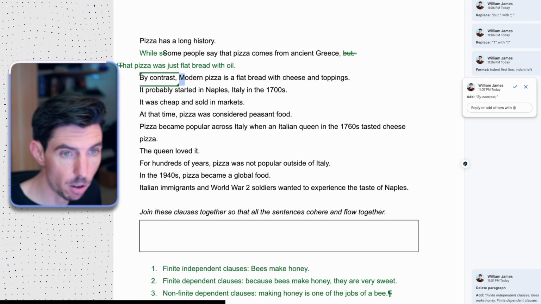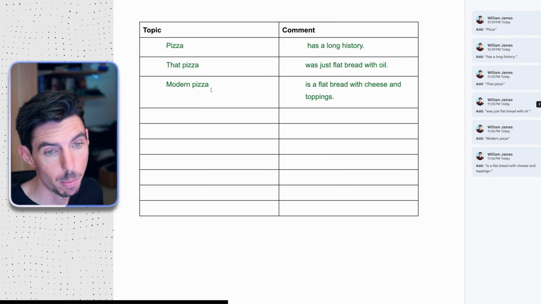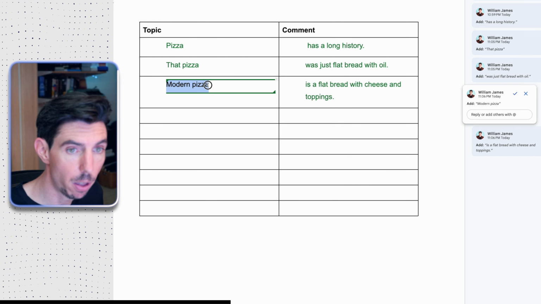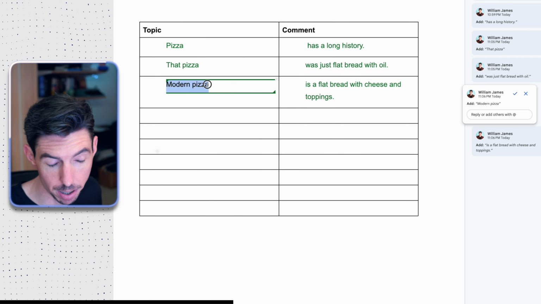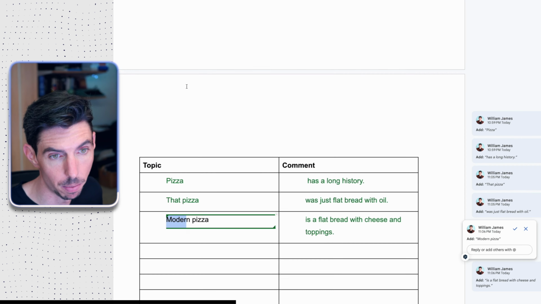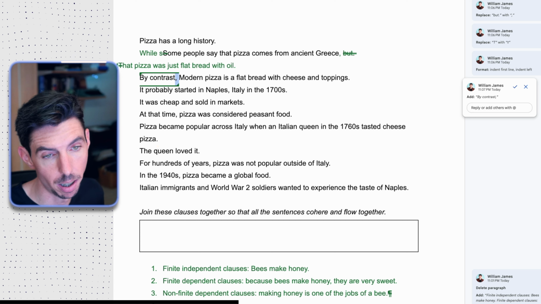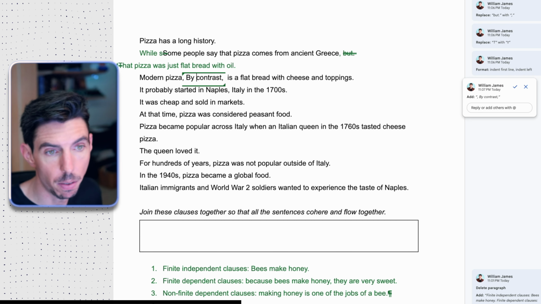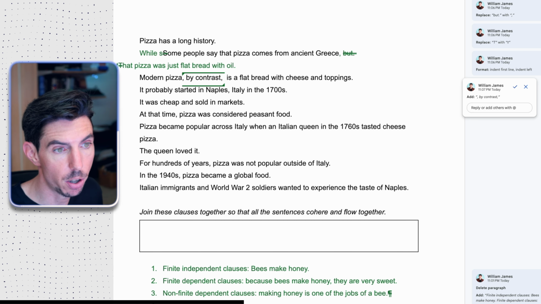Right? "By contrast, modern pizza is a flatbread with cheese and toppings." The problem now, though, is we've knocked modern pizza out of the topic position. Now we're beginning the sentence with "by contrast," and I don't want to do that because I like the way this is all lining up. So what we can do is take that sentence connector and move it to the other side of the subject. "Modern pizza, by contrast, is a flatbread with cheese and toppings."